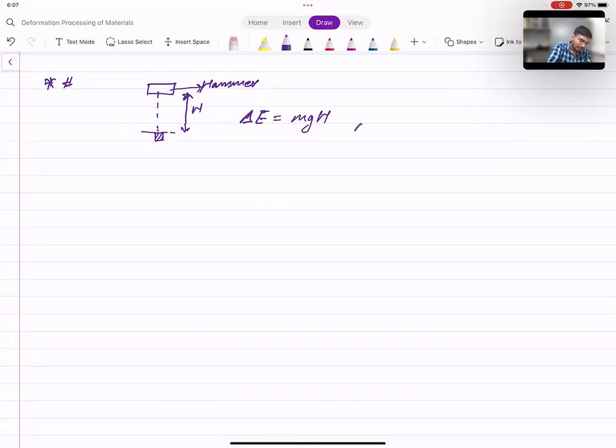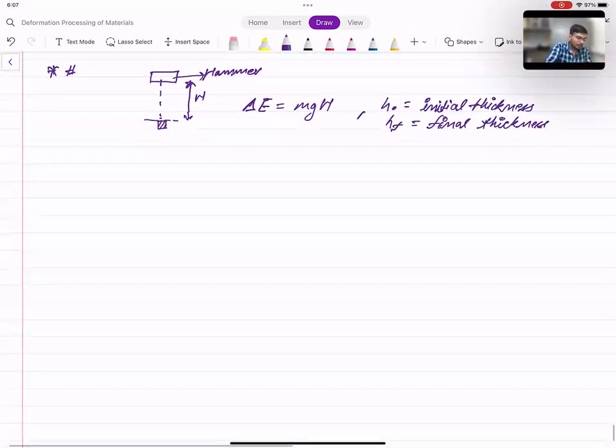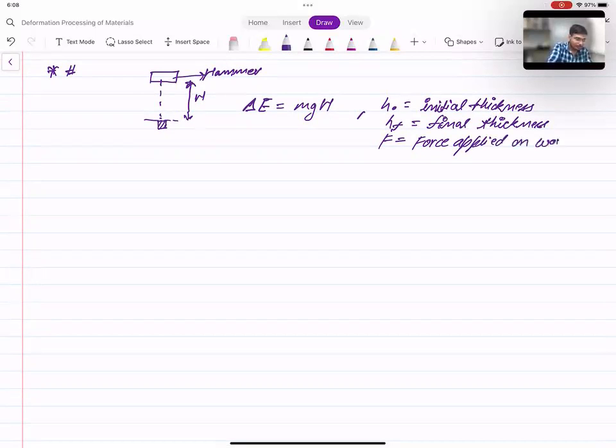Let me write that also. h naught is the initial thickness and hf is the final thickness. Say F is the force applied on the workpiece.